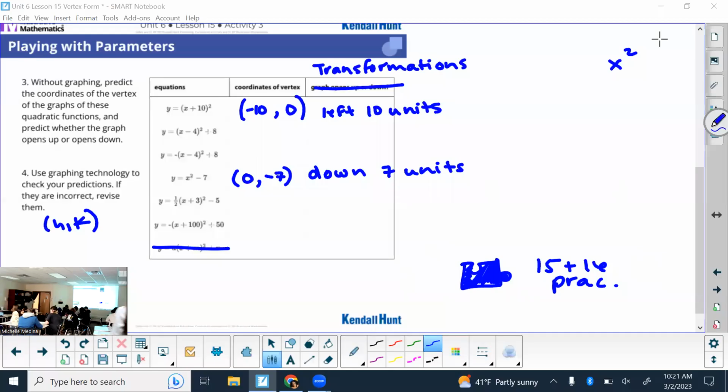So what transformations happened on the second row? Okay, right 4, up 8. Anyone disagree? Okay, the H I know is always like the hard one.